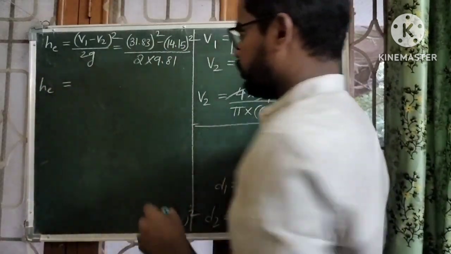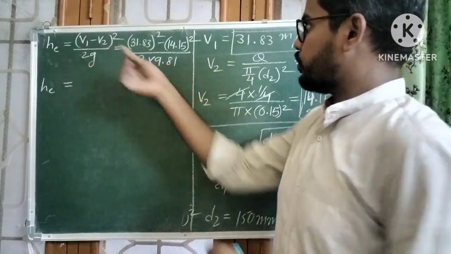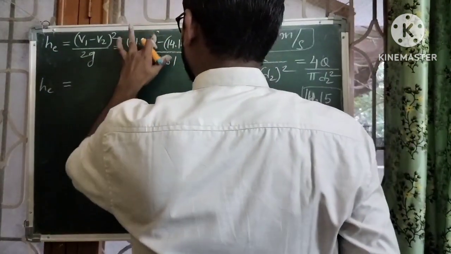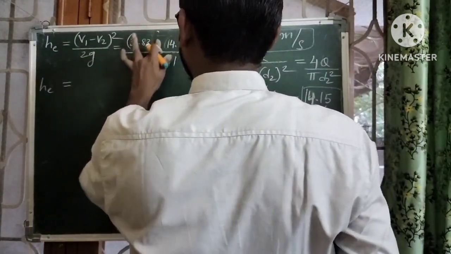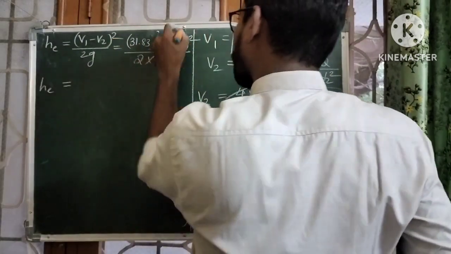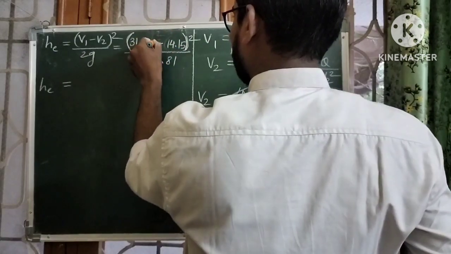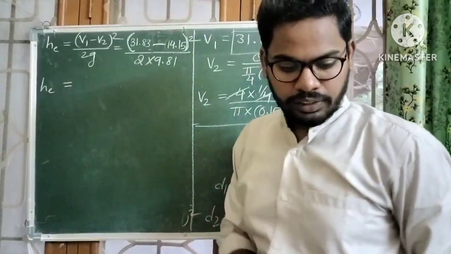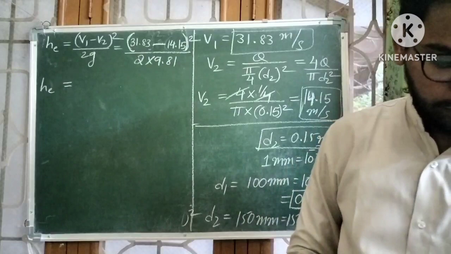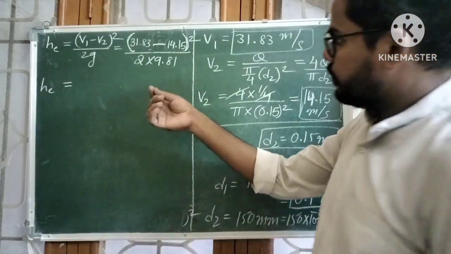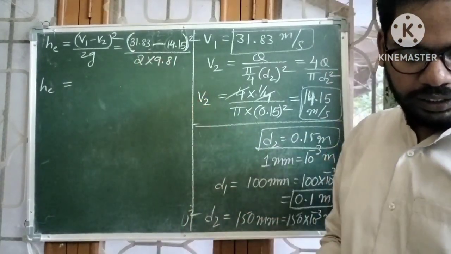HE is equal to V1 minus V2 whole square.